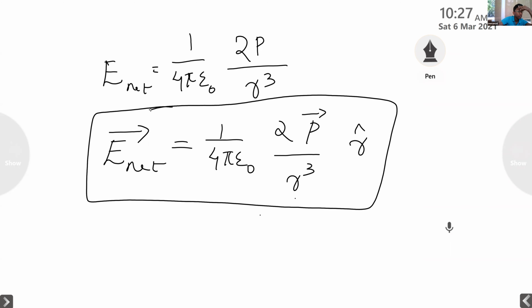Now we are discussing the electric field at a particular point along the axis of the electric dipole. The electric field along the axis of the electric dipole is given by the equation E net is equal to 1 by 4 pi epsilon 0 into 2p divided by r cube.